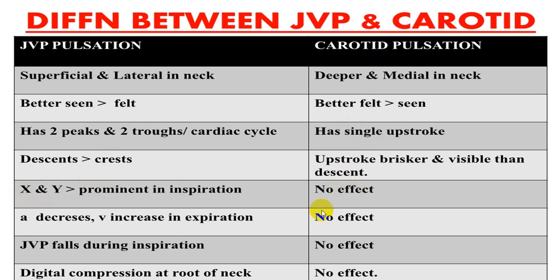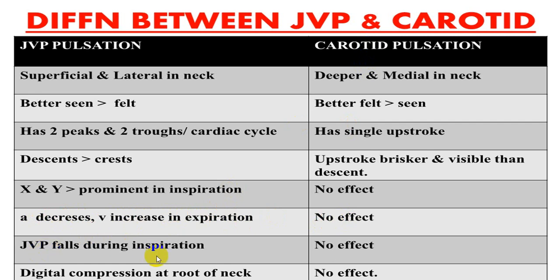The A wave will decrease and the V wave will increase during expiration, because of increased cardiac output. There will be no effect of inspiration or expiration on the carotid pulse.